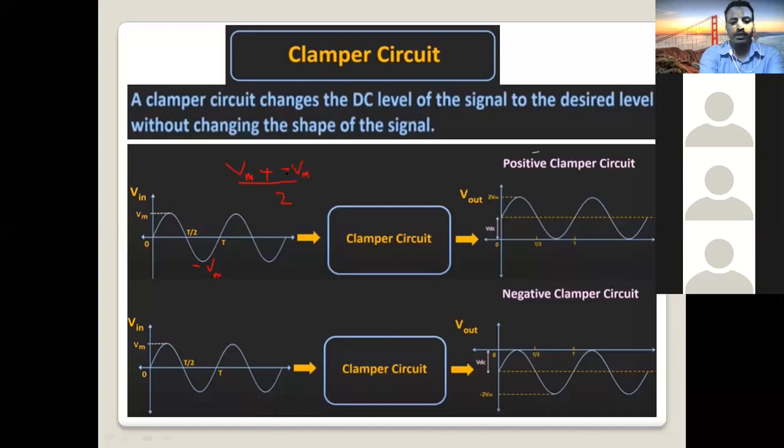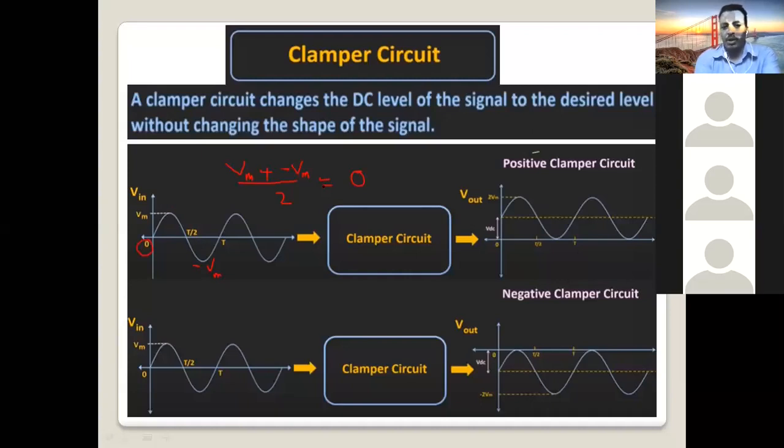Average means we add the two divided by 2. So what will be the average? Because Vm and minus Vm are equal, the average will be 0. The DC value, the average value of this sinusoidal signal, is 0.